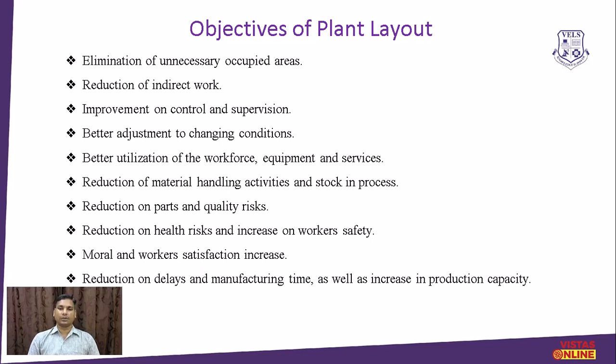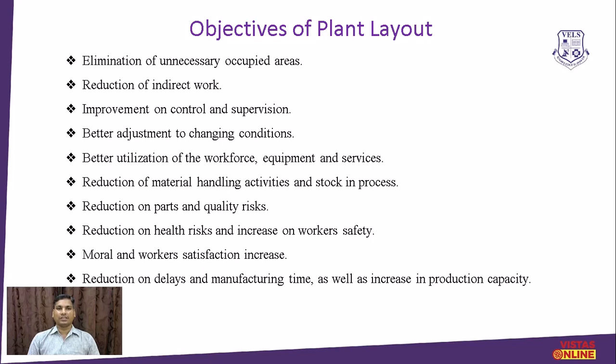Reduction of indirect work. Work is important for everyone. When you are using the production department, the employees are directly working with materials and machines for manufacturing of the product. And other departments also directly or indirectly contribute to manufacturing of the product.